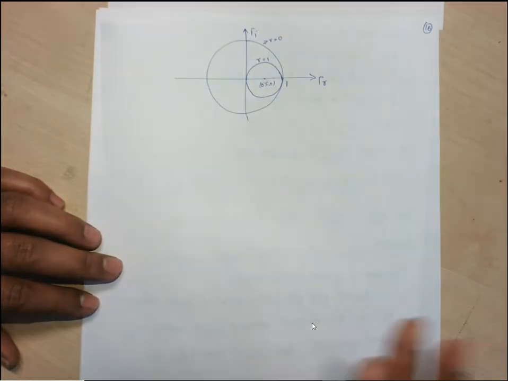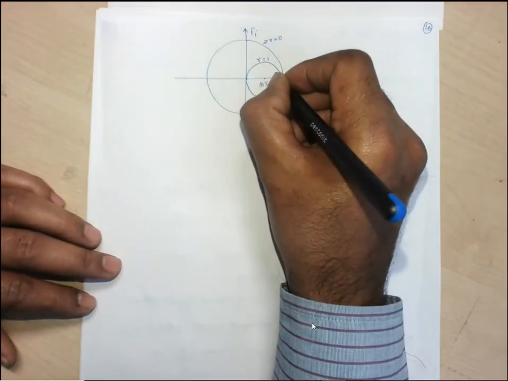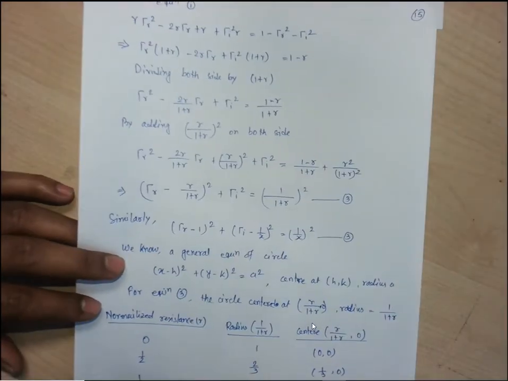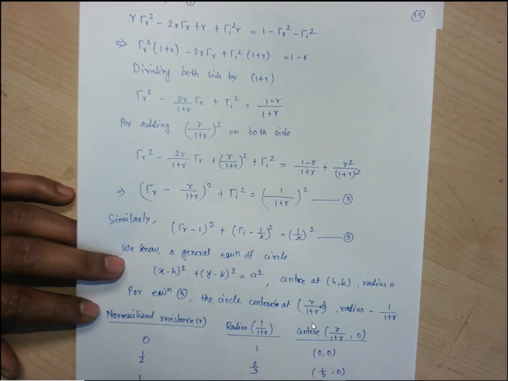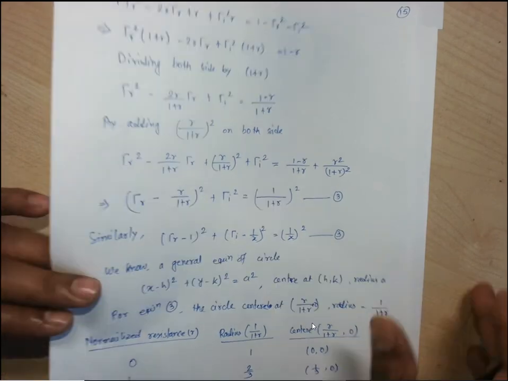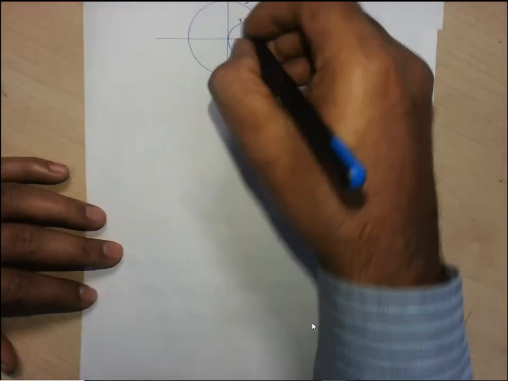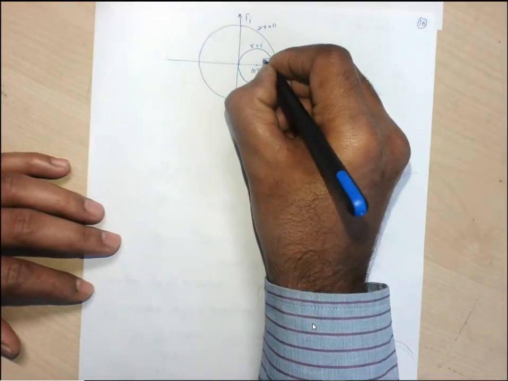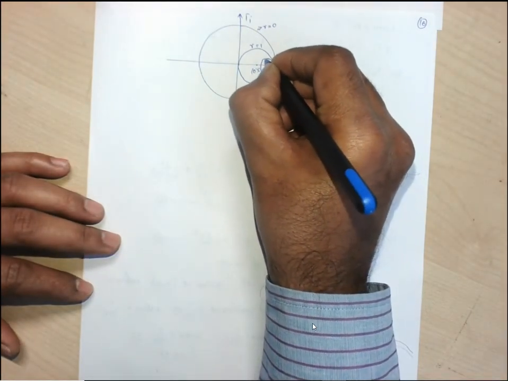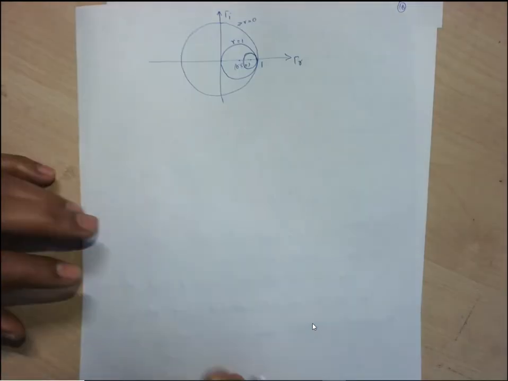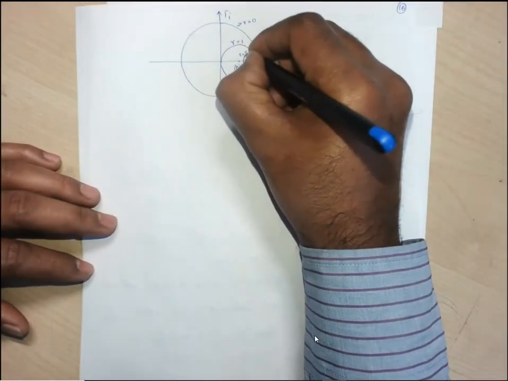It should be centered at 5 by 6 comma 0 with radius 1 by 6. Let us take somewhere here roughly, and we can have this circle. This is for r equals 5.